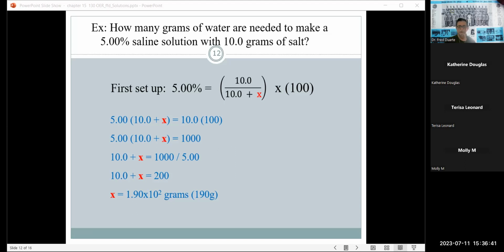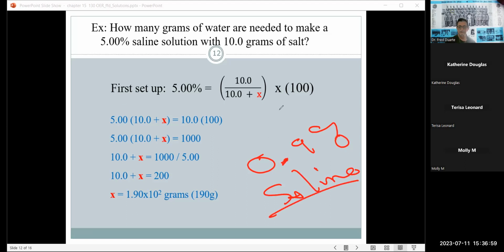Which, by the way, I'm sure for you nursing students out there, a 0.9% saline solution is nothing more than sodium chloride made up to be 0.9%. You can do calculations if you ever need to make a 0.9% solution of sodium chloride. Hopefully you don't ever have to do that out in the field, but you never know. Anyway, it's 0.9% for a specific reason.